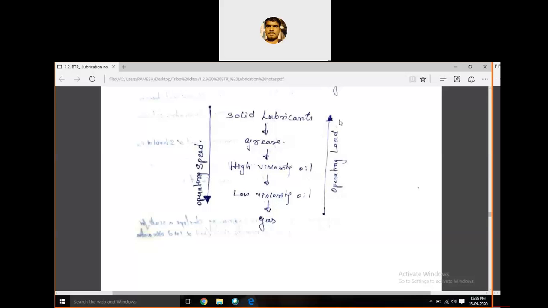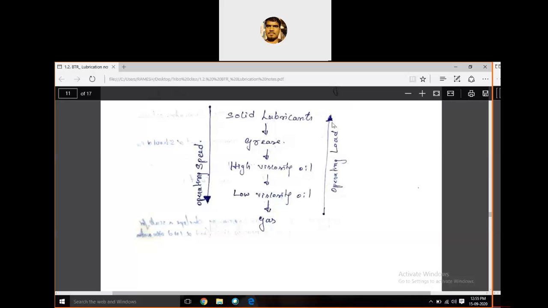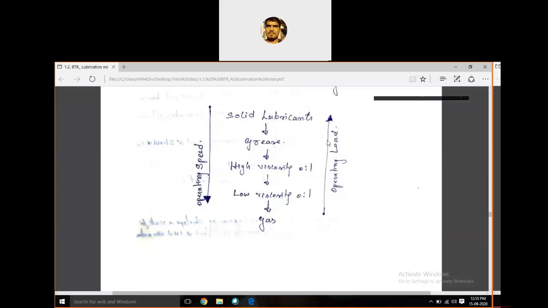If the load increases, we have to increase the viscosity. It means we have to select the more viscous fluid. Because load is high, we have to select a more viscous lubricant.